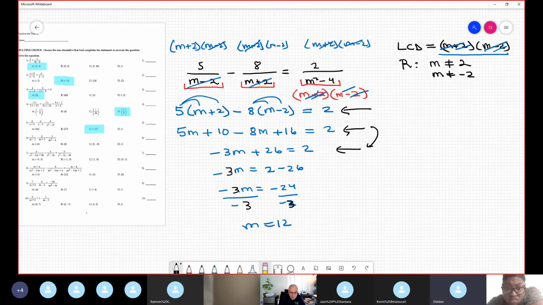This is 8, and a perfect match. Beautiful. Yeah, it's positive 8, and no coincidence with the restriction.